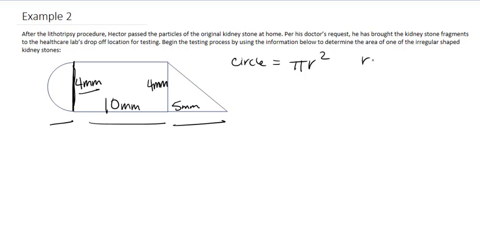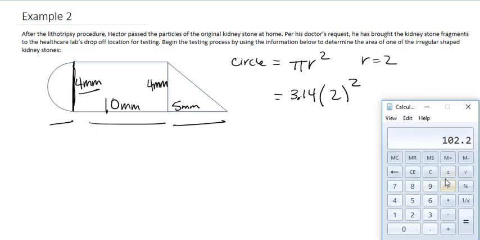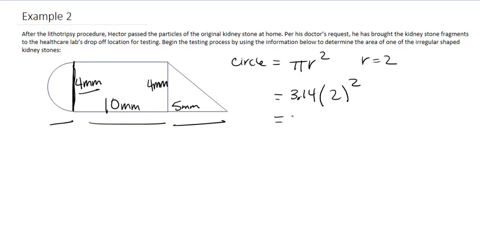So r equals 2. So we're going to solve for the regular circle first. So pi, which is 3.14, times 2 squared. So to get our calculator out, 2 times 2 equals 4, times 3.14, which is equal to 12.56.